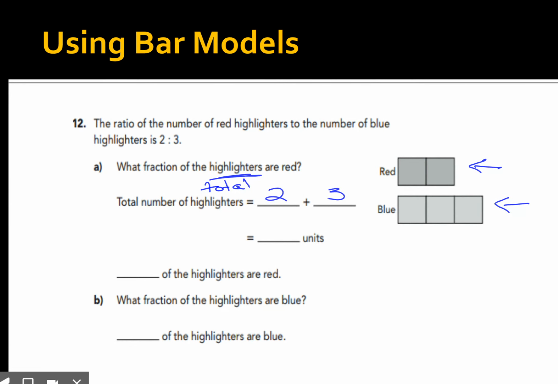And of course, 2 plus 3 is 5. So because they're asking about the red ones, our fraction should be red over total, which in this case is 2/5. And then what fraction of the highlighters are blue would be what's left over, 3/5.